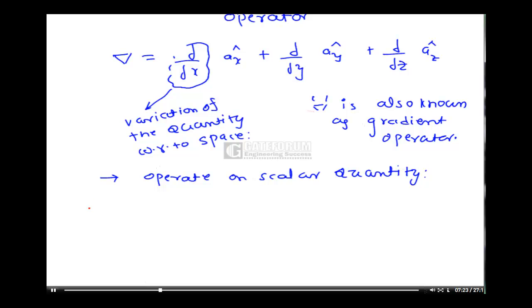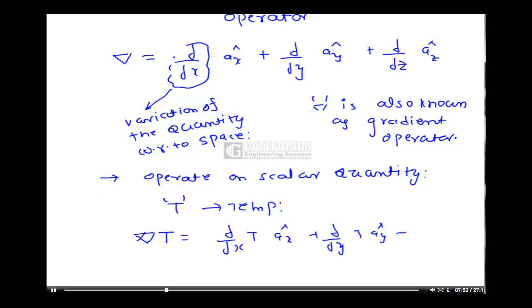If you operate this del operator on a scalar, we will get a vector. The resultant is a vector. Suppose the scalar quantity T is temperature. I am operating del on T. That is dou by dou x of T along ax plus dou by dou y of T ay plus dou by dou z of T az.